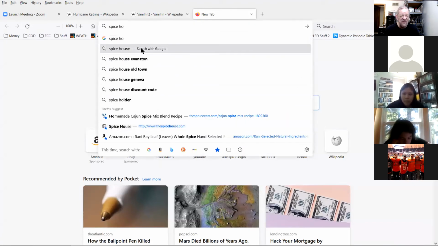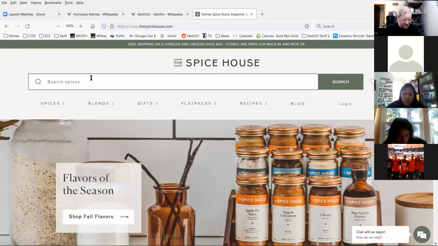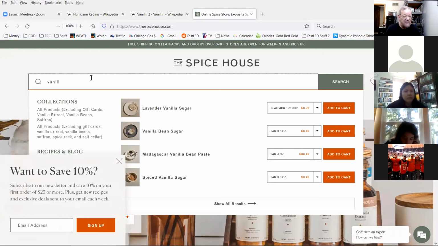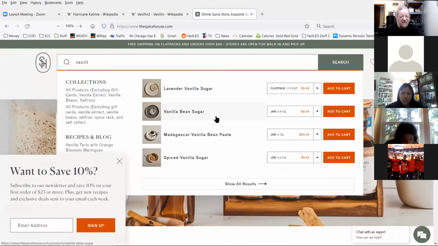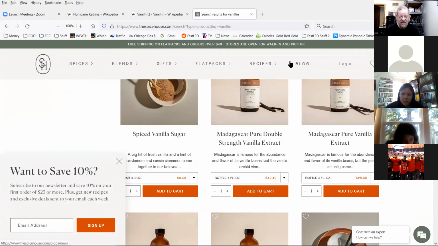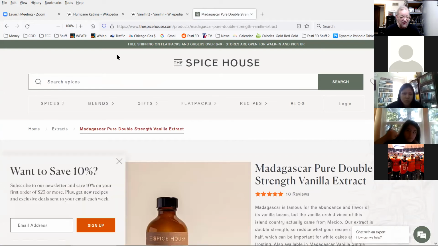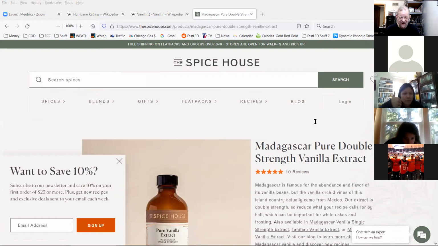Now, if you ever want to get spices of the best quality, I've been buying for many years from the Spice House. And everybody see on your screen now, Madagascar double strength. This stuff is phenomenal.